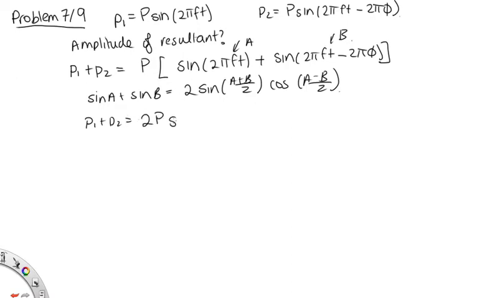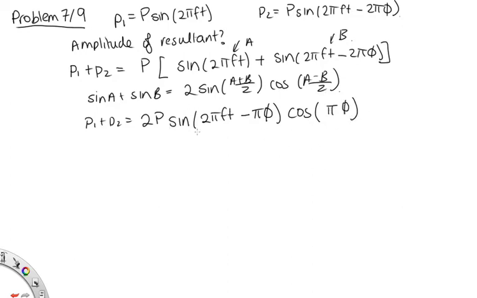It's 2P sine. Now 2 pi ft plus 2 pi ft gives us 4 pi ft on 2, so that's 2 pi ft. And then we've got minus 2 pi phi on 2, so that's minus pi phi. And then we've got cos of 2 pi ft minus 2 pi ft, they cancel out, and we're left with this 2 pi minus 2 pi phi on 2, so that's pi phi.